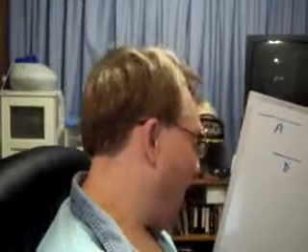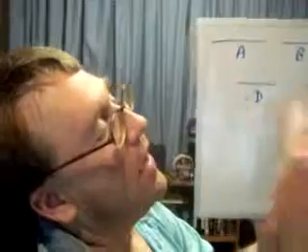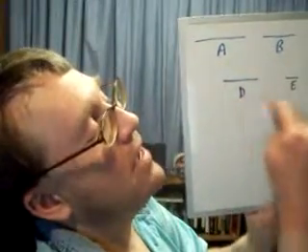Therefore, ex aequali, as A is to B, so is D to E. That's what they're saying, and we can say that because of Euclid Book 5, proposition number 22.